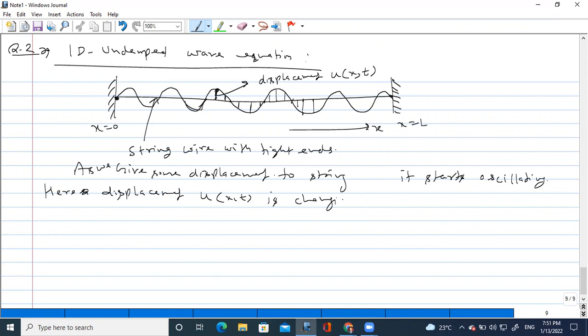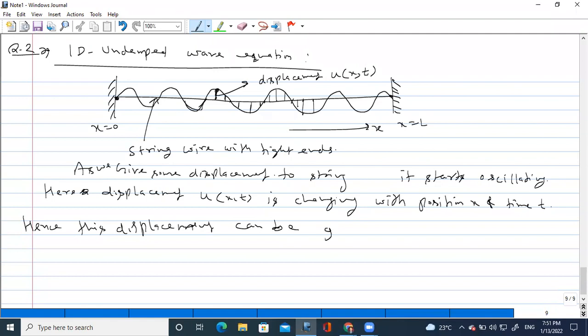So here displacement is changing with position x and time t. This displacement can be governed by some equation, hence by a wave equation, because it is making a wave.